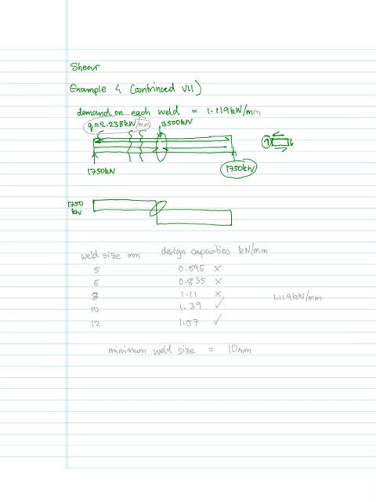Anyway, so we worked out the shear. We calculated the shear flow Q, and then from the shear flow Q, because there are two welds, we divided it by 2. And we got 1.119 kilonewtons per millimeter.